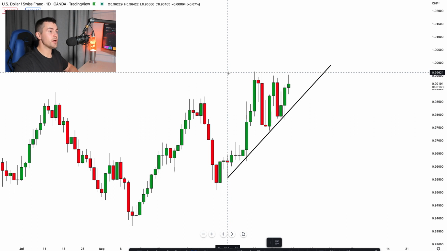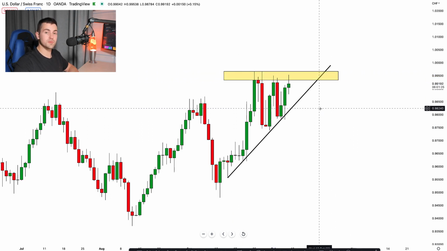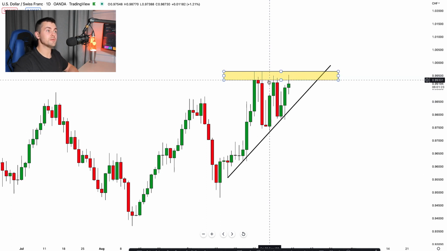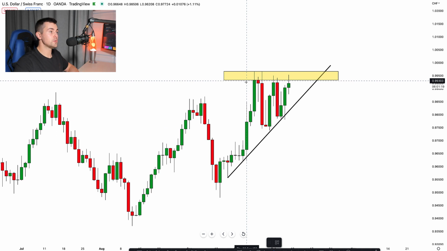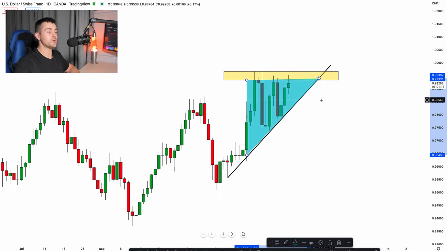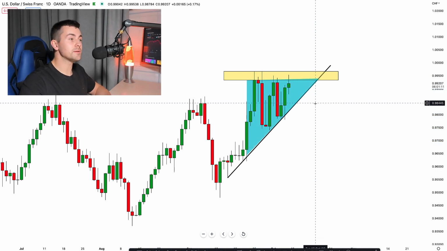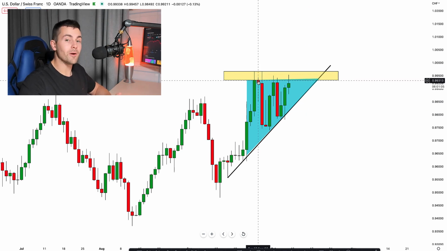At the same time, we see right here this horizontal resistance, the supply zone, and the price sets equal highs respecting that supply zone. So here, traders, we see a classic bullish triangle, the ascending triangle, and such a triangle signifies a bullish accumulation. And most of the time, the price breaks the resistance of the triangle and then goes higher.